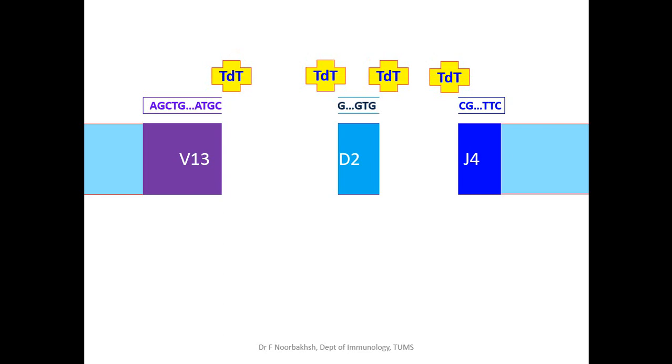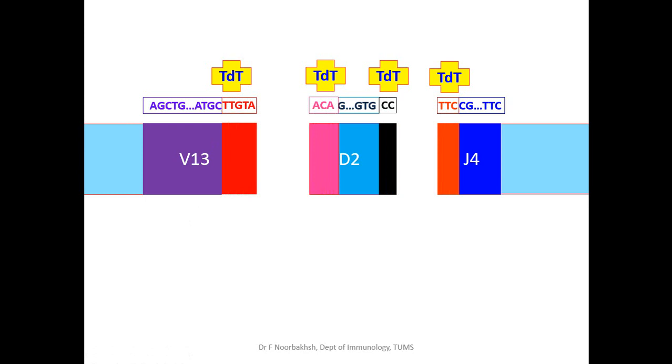The action of these TDTs is completely opposite to exonucleases. Whenever they find a free DNA end, they start adding nucleotides, completely random nucleotides. Like this particular TDT might be adding this particular nucleotide here. This one might be adding this one, completely random depending on which nucleotides are available.